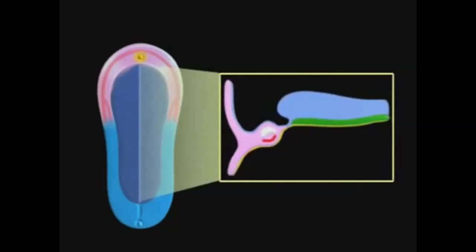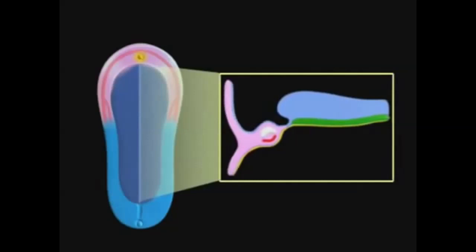This green color is the color of the cord, primitive cord, and this yellow color belongs to the yolk sac, and it will be entoderm. So ectoderm, cord, and yolk sac.